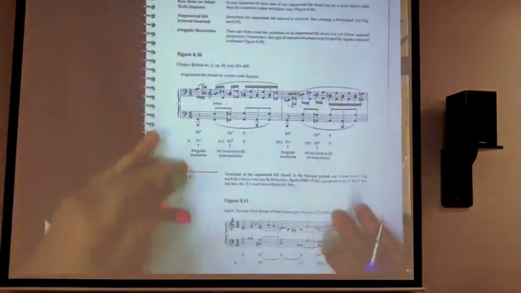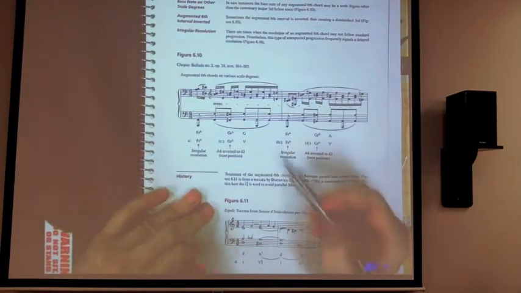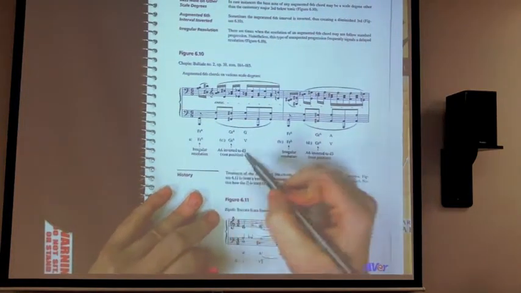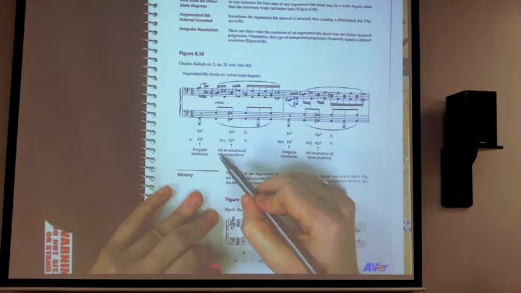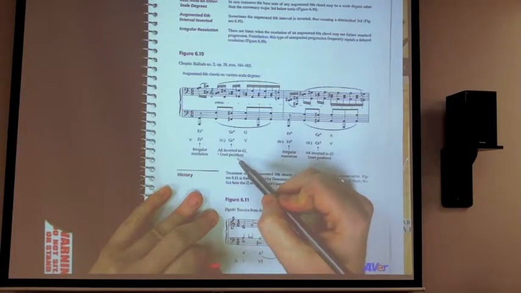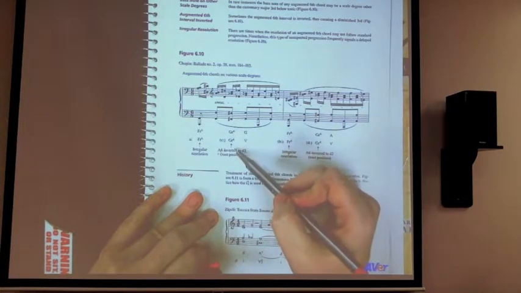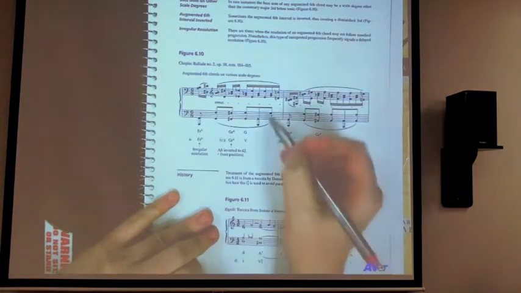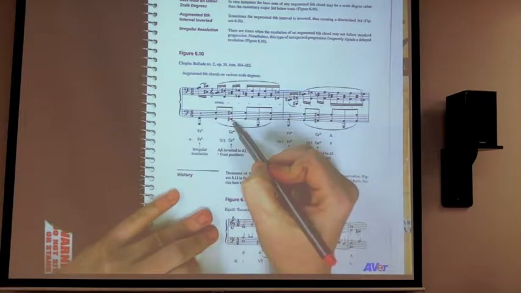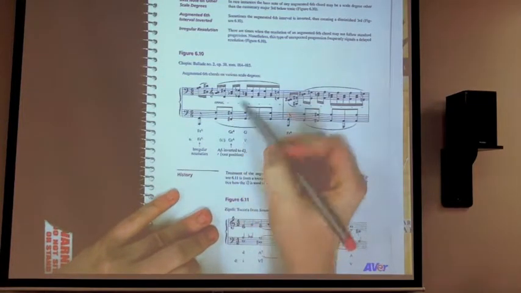Right? So if we look at 6.10, in this case, the augmented sixth is inverted and it's put in root position. All right? So you can see you've got an F sharp down here.